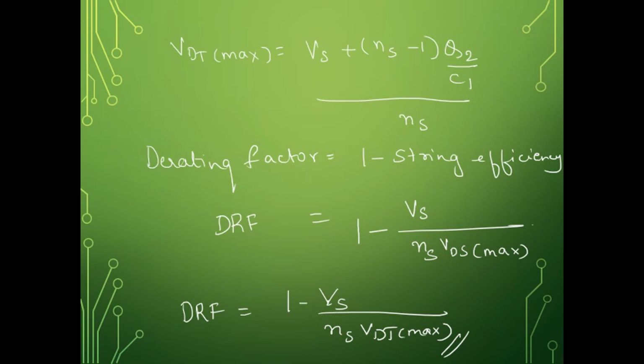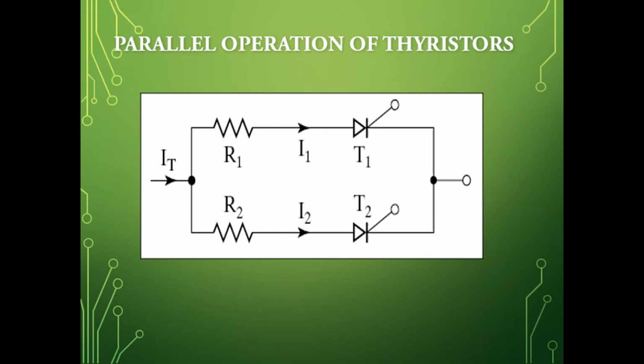Next, we connect thyristors in parallel when one thyristor cannot carry the required current. In that case, the load current will not be shared equally. One thyristor might carry a large current, the other thyristor might carry a lesser current.